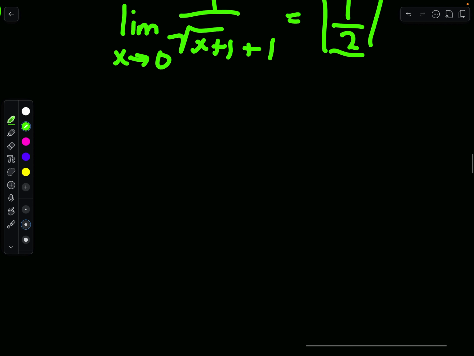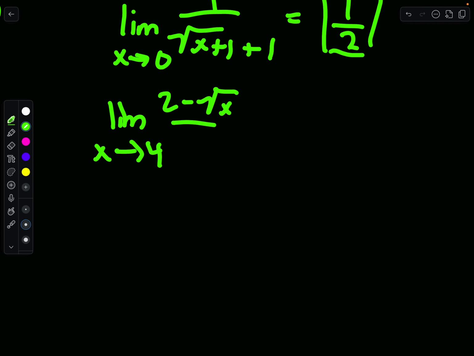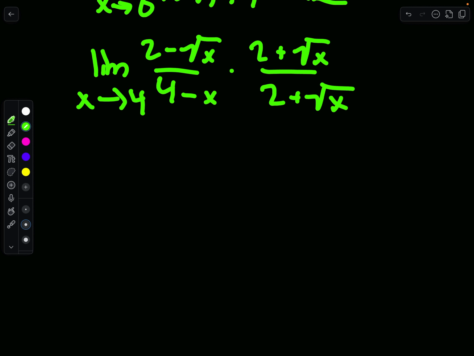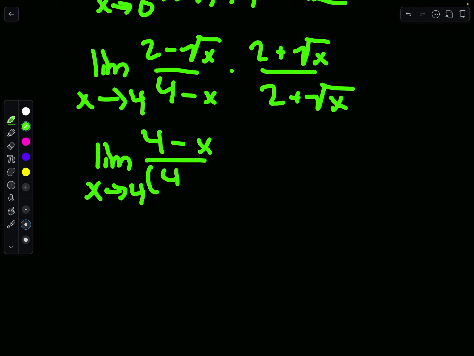Now another scenario, the limit as x goes to 4 of 2 minus root x over 4 minus x. Here you multiply by the conjugate, which is 2 plus root x over 2 plus root x. And then you get the limit as x goes to 4 of 4 minus x over 4 minus x times 2 plus root x.